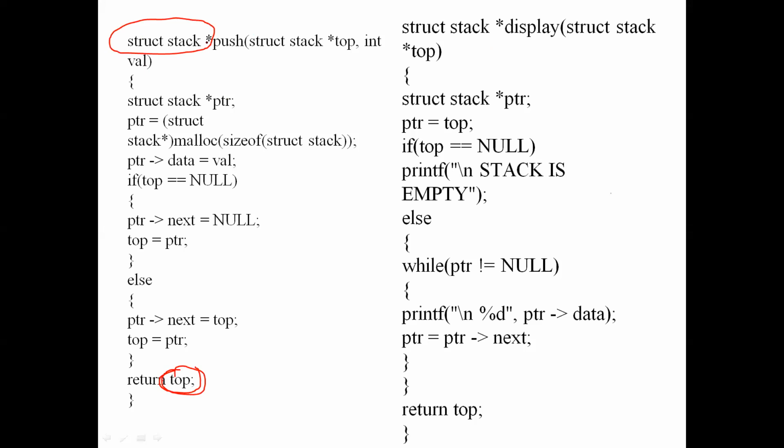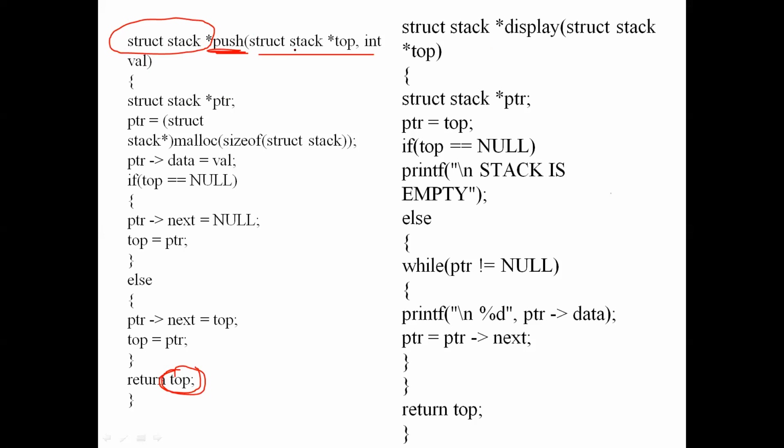Keep it in mind: you are writing struct stack, space, star. Whatever I circled is the function's return type, and this is the function name, and these are the arguments.